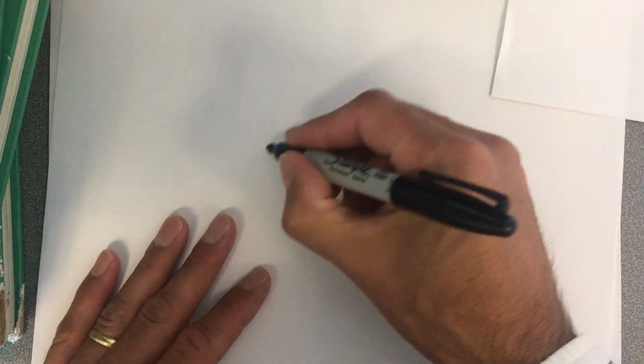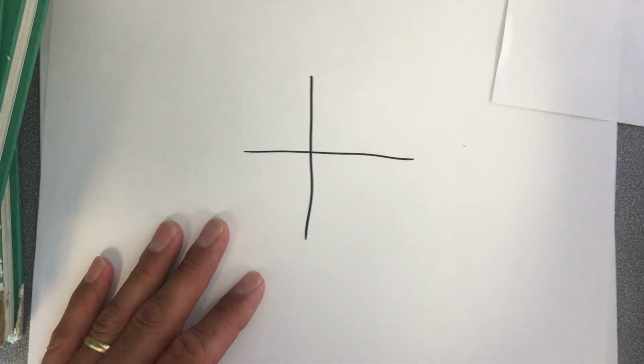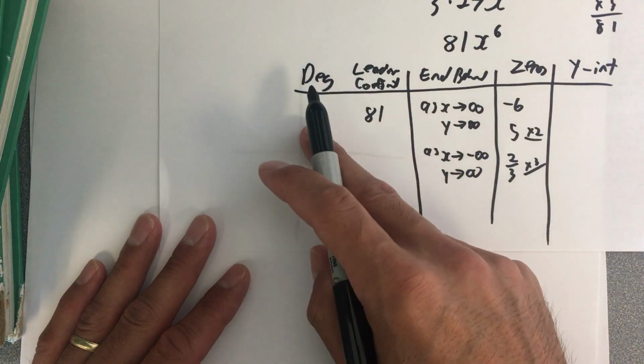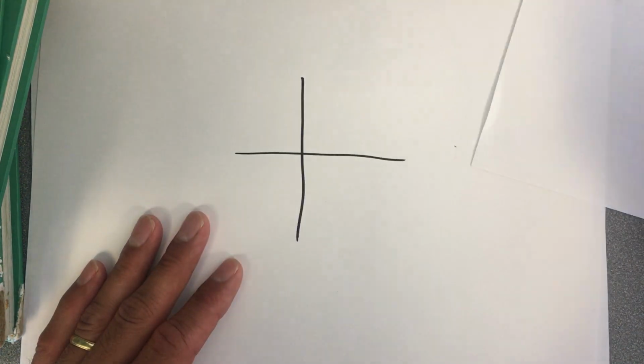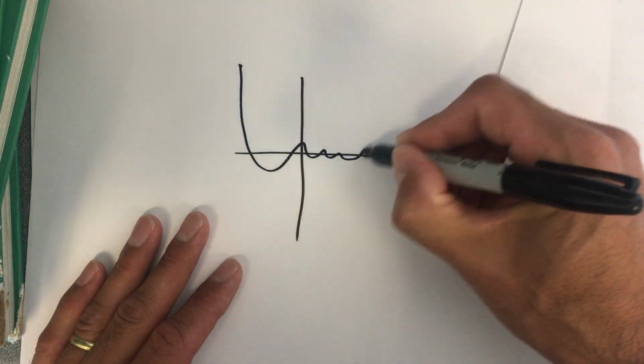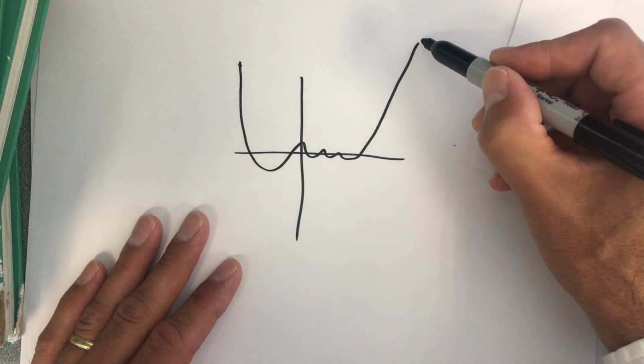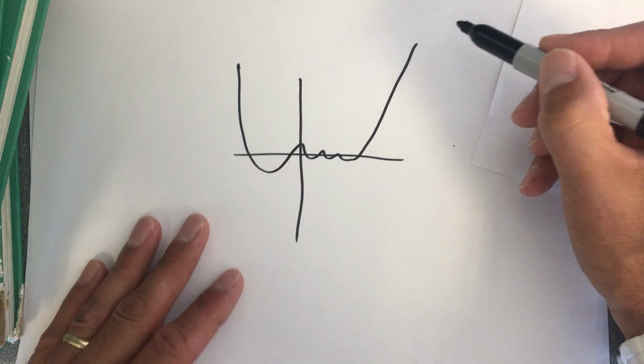Okay, so what does that look like when we have these double and triple zeros? We know that we have a positive leading coefficient and an even degree. So it's going to look something like this. We've got a bunch of zeros, but it's going to start here and it's going to end up here. That's our end behavior.